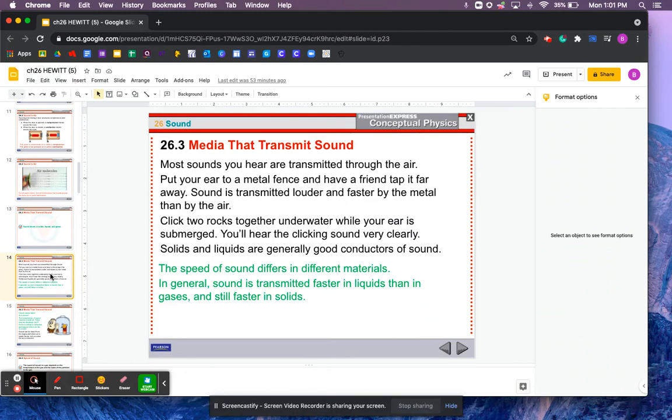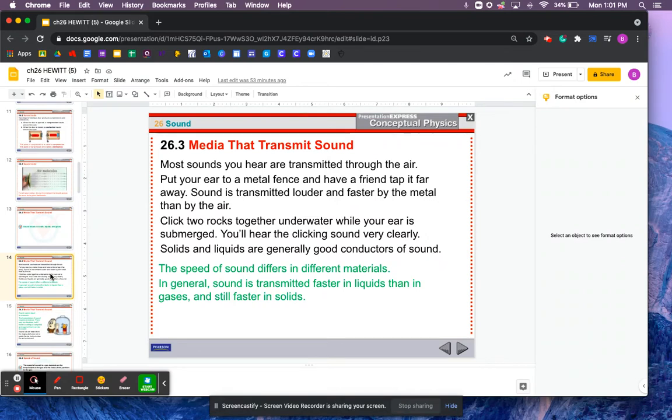Remember, sound is just a disturbance in the medium, and that disturbance is those molecules bumping into the next ones, bumping into the next ones. If you think of a solid, liquid, and a gas, like the air that's around us, in a gas the molecules are very far apart from each other. So it takes a lot longer for one molecule to bump into the next. Granted, it does happen fast, but not as fast as in a liquid.